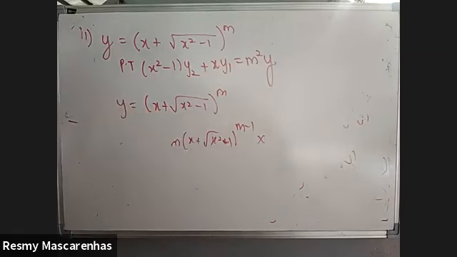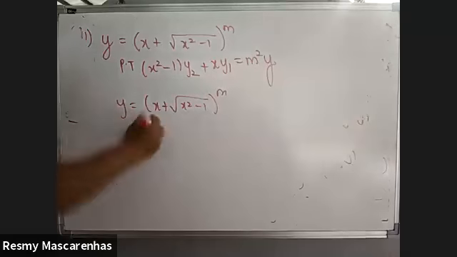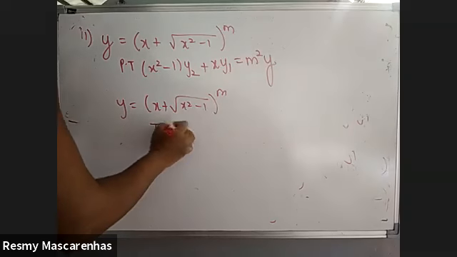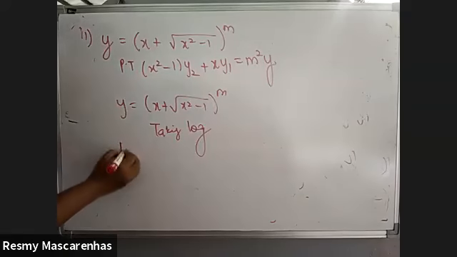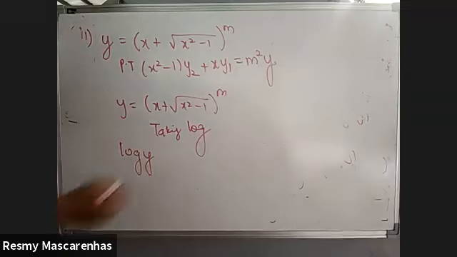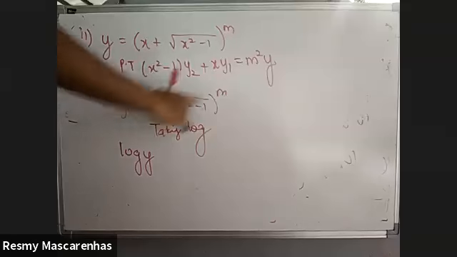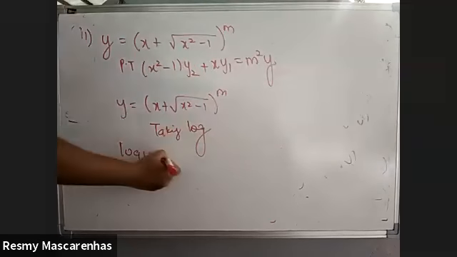So what you can do is get rid of this power by taking log on both the sides. So taking log on both sides. When you take log, what will happen? This will become log y, and this will become log of this raised to m. So m can be brought out.